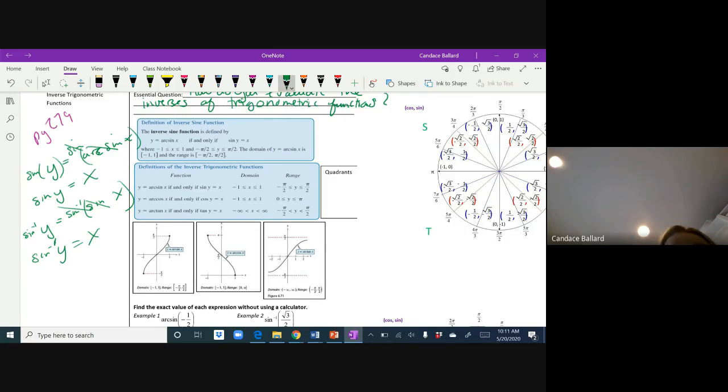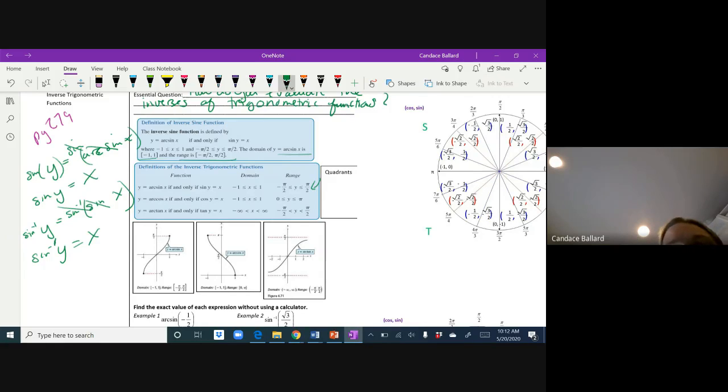So that works no matter which trig function they give us. Our text is going to focus on the sine, the cosine, and the tangent. And then they did give us some information about the domain and the range of it. That's where the restriction is. It is a domain restriction, but it's really the range that falls into what we need to deal with.